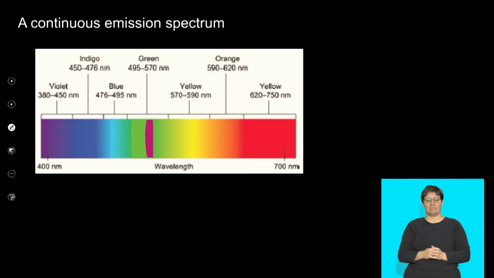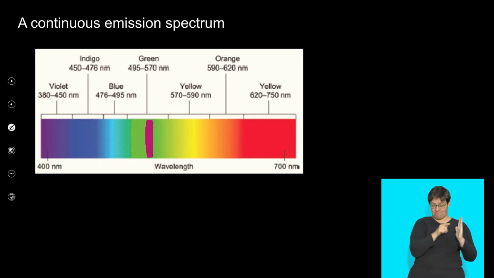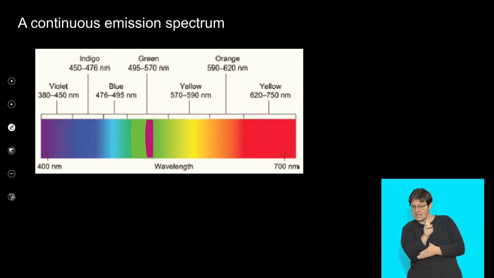A continuous emission spectrum is something like this, where we see all the colors of the rainbow, and they just melt into each other. So there's no distinctive line where we can go, okay, the green starts there. Some of you may be able to see it, okay?